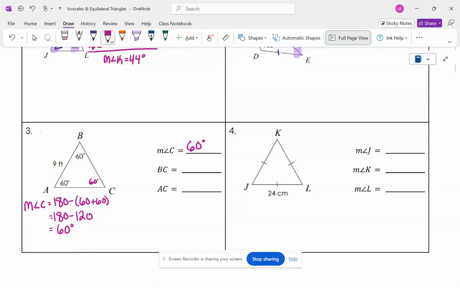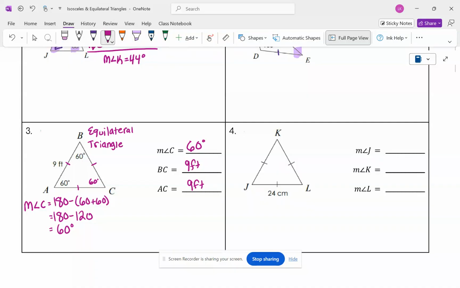Now, because I know all three of these angles are the same, I therefore know that this is an equilateral triangle. And so because of that, I can very easily say, okay, BC is 9 feet, AC is also 9 feet, because they gave it to me right here. Therefore, all three sides are congruent.